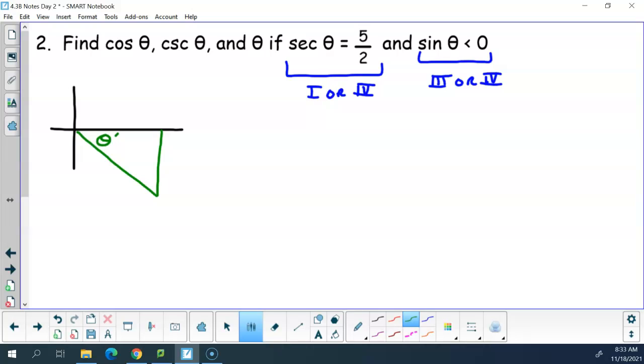So if secant is 5/2, that means then that cosine is 2/5. So this would be 5 over 2 there.